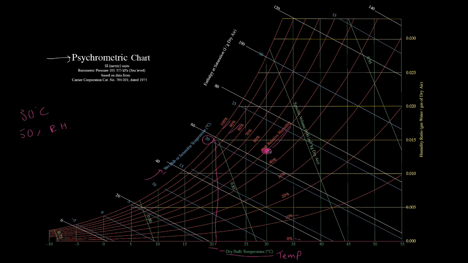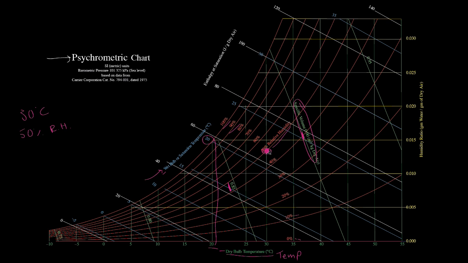The next thing that can be measured off of the psychometric chart is based on these green lines. We have the specific volume, which is the reciprocal of the density. So in this case, we have it in units of meters cubed per kilogram of dry air, and we would be about halfway in between the 0.9 line and the 0.85 line.